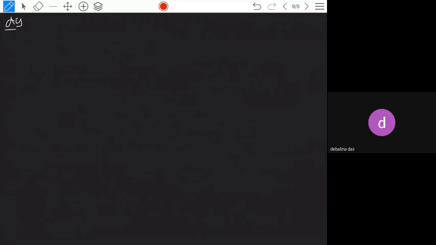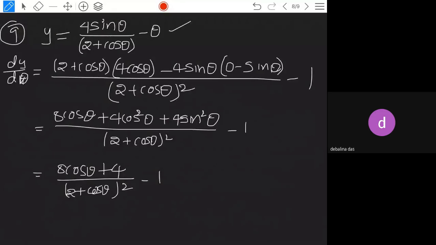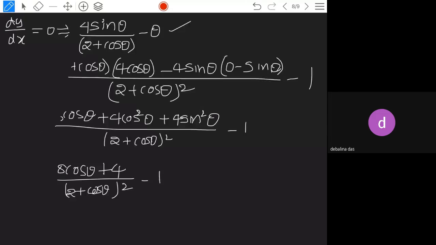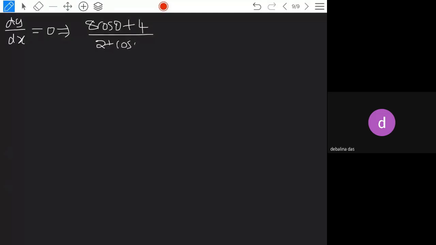So dy by dx is equal to 0 implies 8 cos theta plus 4 by 2 plus cos theta whole square, minus 1 is equal to 0. This is the main problem here.